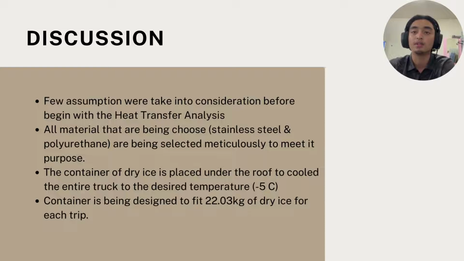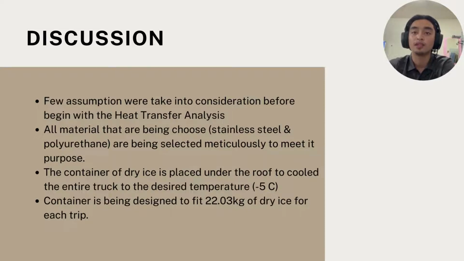All materials that are being chosen, stainless steel and polyurethane, are being selected meticulously to meet its purpose. As an example, we select stainless steel because of its durability towards water, which is rain, and for the inside layer, we also select stainless steel because it does not absorb bacteria, so it is safe for us to carry food inside it.